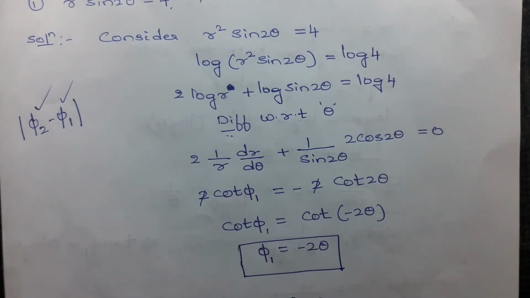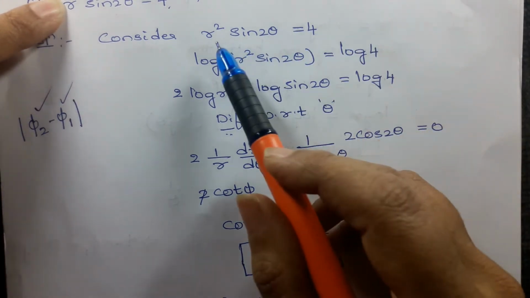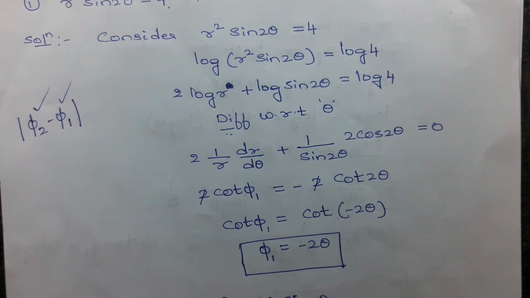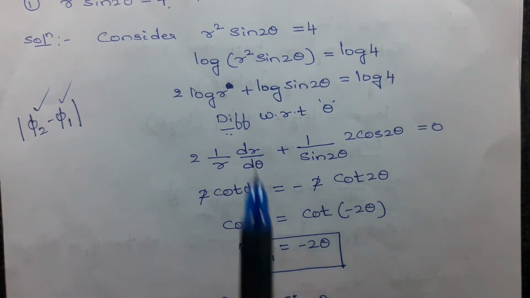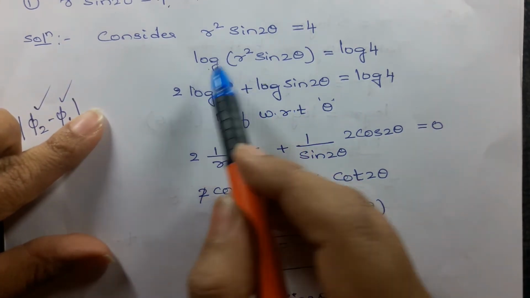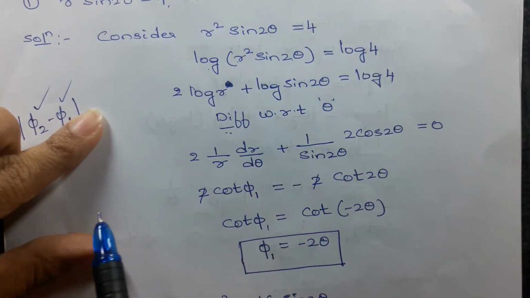So let me try finding out phi 1 first. Take a look at the first curve: r square sin 2 theta is equal to 4. As you know already, to find phi 1, as I explained in the last video, we have to take log on both sides for a given curve. I have taken log of r square sin 2 theta is equal to log 4.